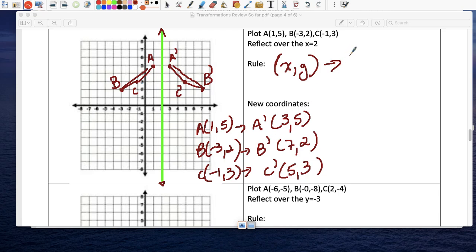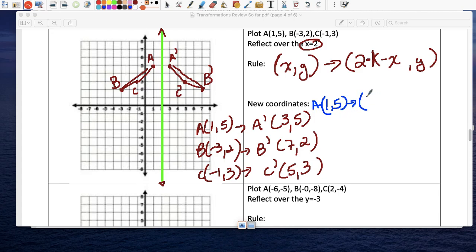So the rule is the y stays the same because we didn't go up and down. And to find the x value, we remember what I said, we're going to multiply 2 times the line of reflection, k, and then subtract the x value. So 2k, and what's k in this case? k equals 2. So let's just try for point A. If you do point A, 1, 5, let's follow the formula.